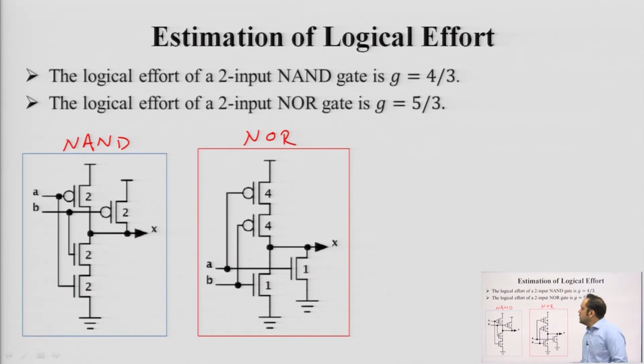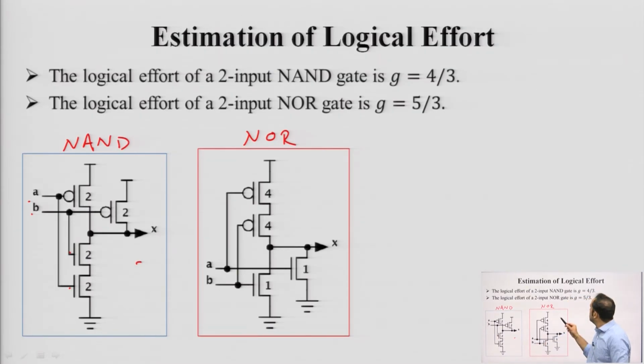Now, if I look at the inputs, there are 2 inputs A and B here, and the same inputs are applied here also. With respect to each input, how much unit capacitance does it see? The input applied to this PMOS is going to see 2 times C, 2 times the capacitance of a unit transistor, plus another 2 times C from here.